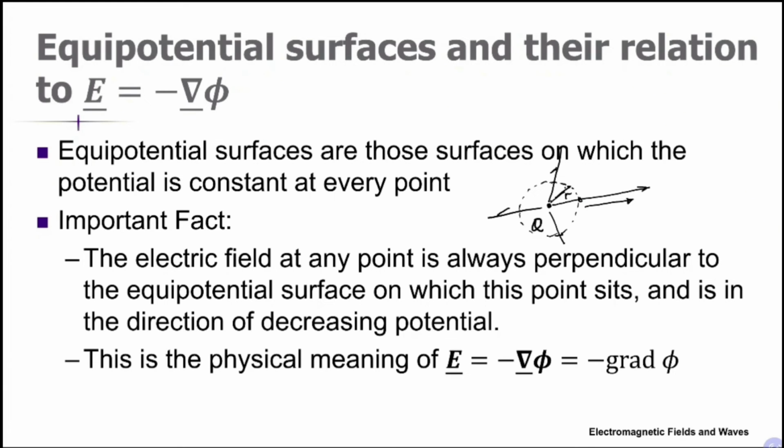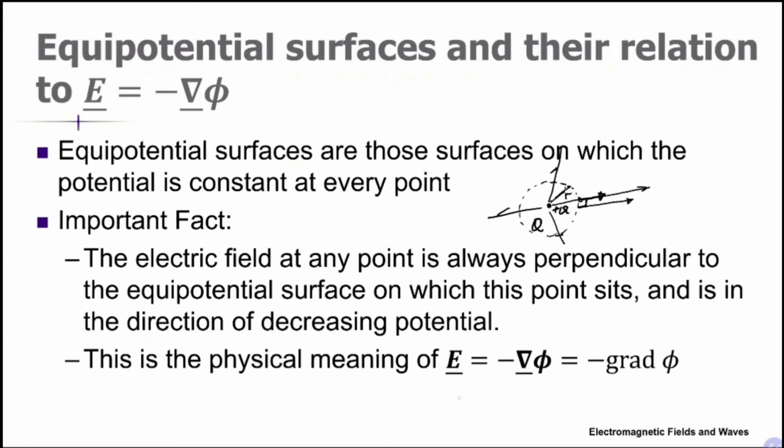And we know that the electric field of a positive point charge is pointing in the decreasing direction, and is also perpendicular to the equipotential surface. So this is all the points pointed out here.